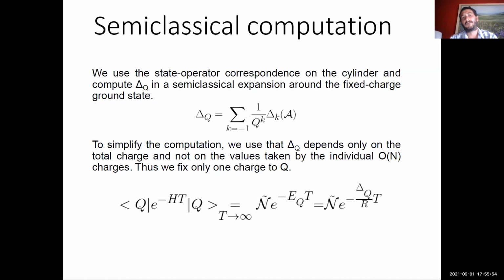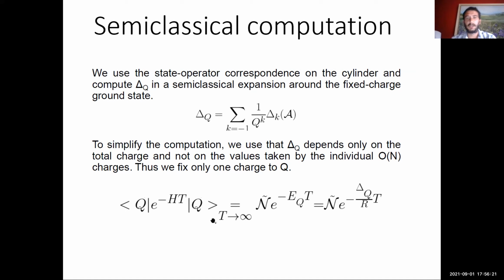Furthermore, we use a special property of delta Q to simplify the computation. The special property is that delta Q depends only on the total charge, Q, and not on the values taken by the various single O(N) charges. So we just fix only one charge to Q, and this simplifies considerably the computation.